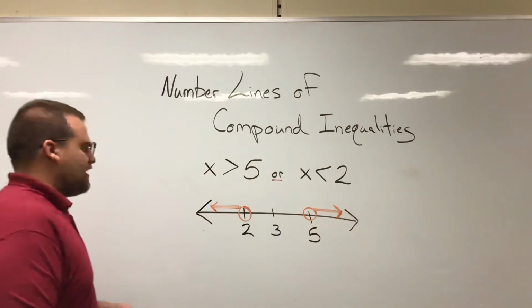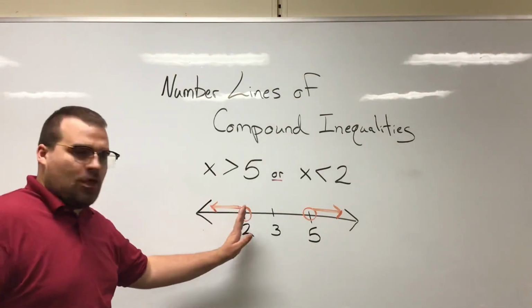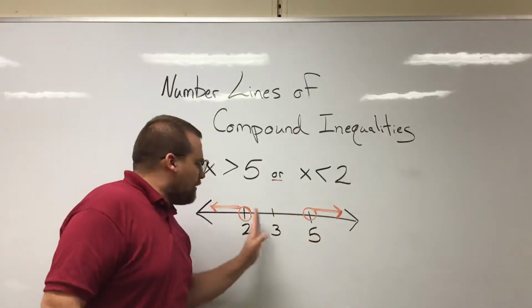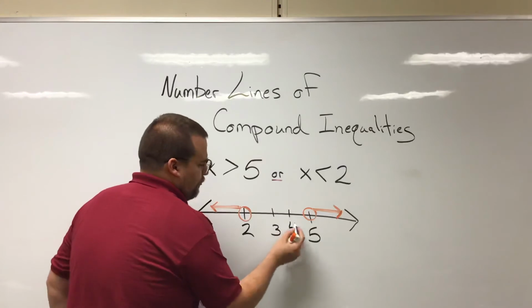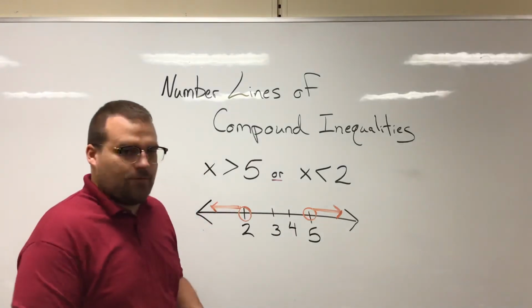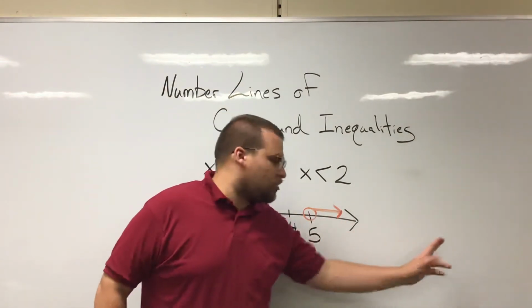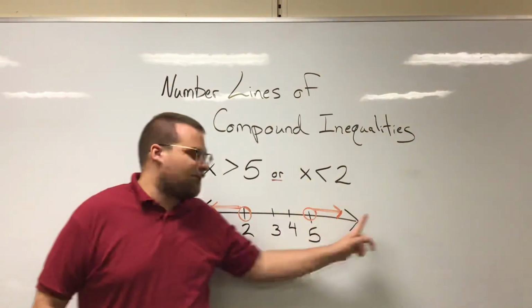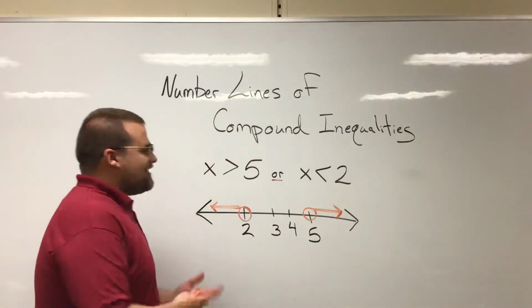What this tells me is x could be anything leading up to here, but then it stops, and we have this little segment of numbers, 2, 3, 4, and 5, that x cannot be. And then it starts up again and says, as long as we get after 5, x is fine.